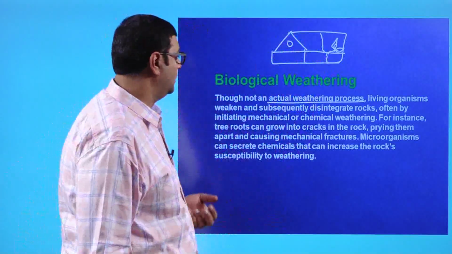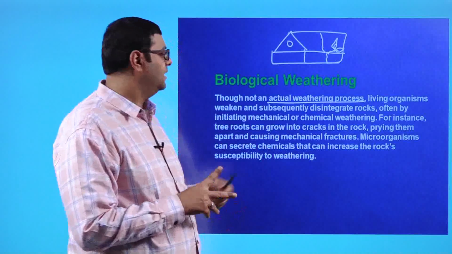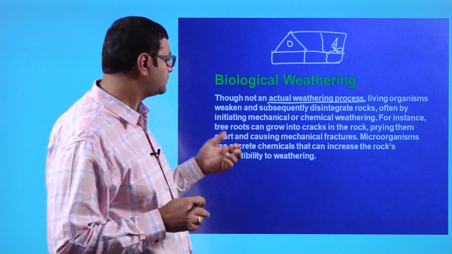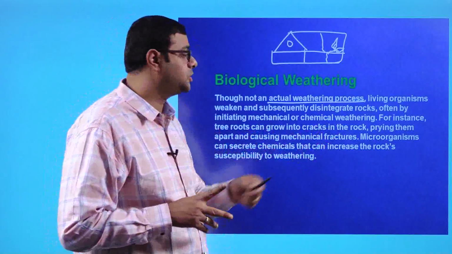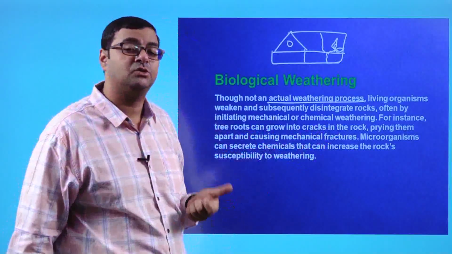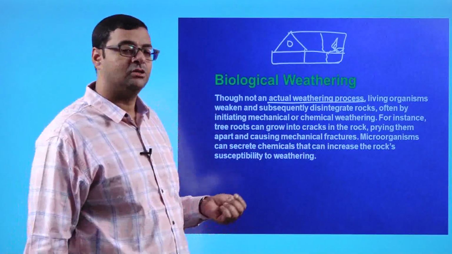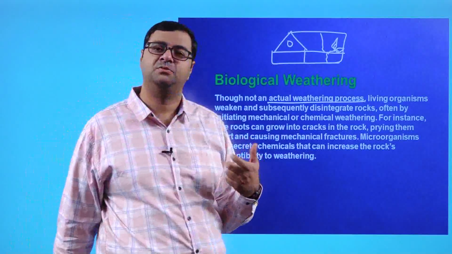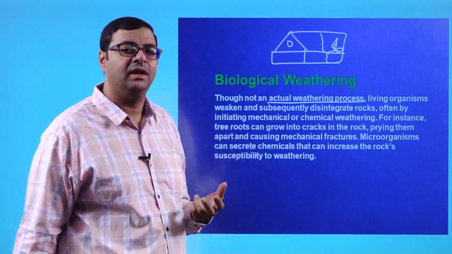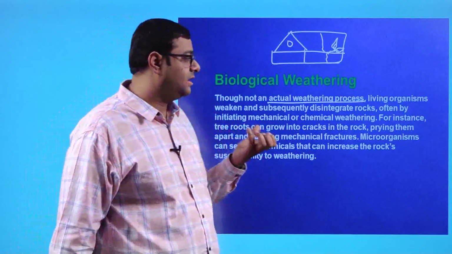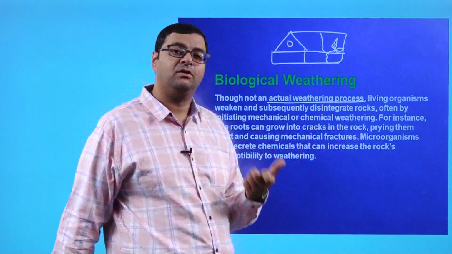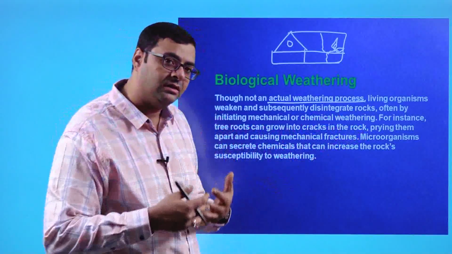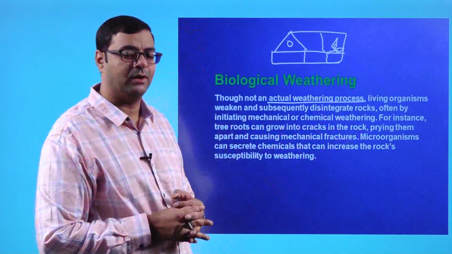All right, now next one is chemical weathering. That is basically microorganisms which secrete certain chemicals to dissolve the rock. Microorganisms, though they are very small and unicellular, can be multicellular as well. They can enter into the rocks, basically for shelter.